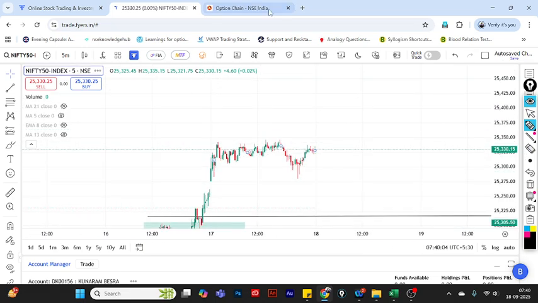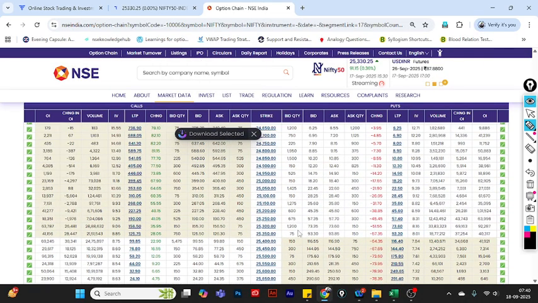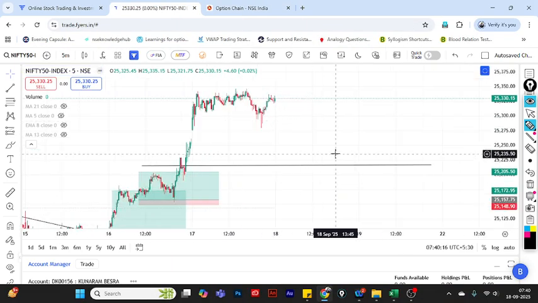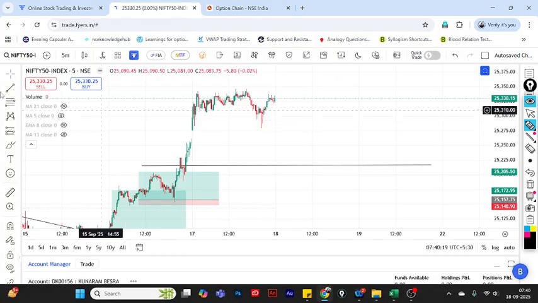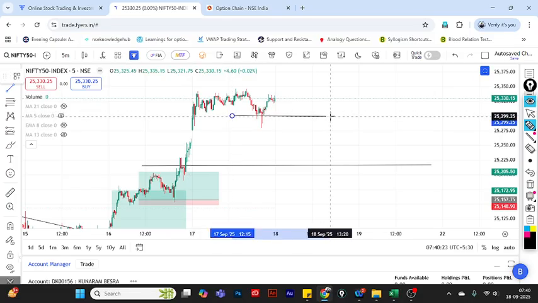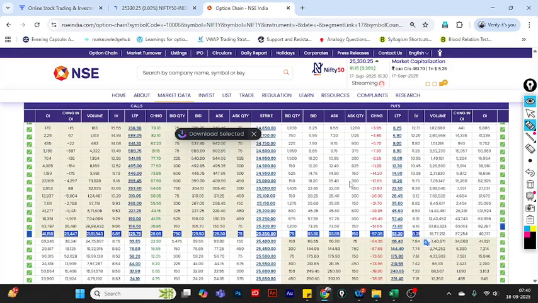Okay, so let me draw a smaller support also. A small support is here at 25,300. This is very small, not required. Here is also one small support and a small resistance.